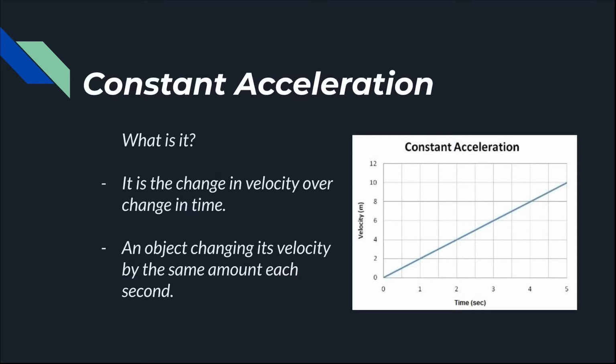Constant acceleration is a change in velocity over change in time, and an object changing its velocity by the same amount each second. So as you can see in this problem, there's a diagonal line that is leaning towards the positive side, and it appears to be moving constant because there is no change in any vectors, there's no resting point or decreasing point.